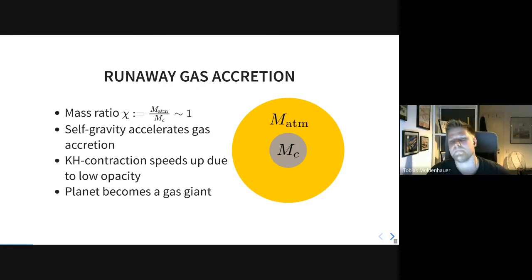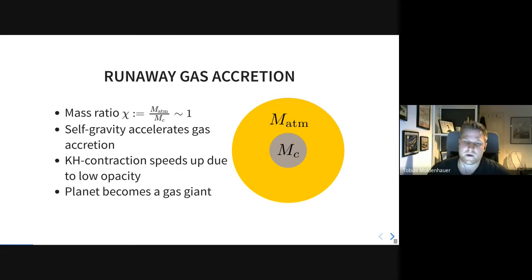And then due to radiative cooling, you have Kelvin-Helmholtz contraction that makes the atmosphere contract. Then you can accrete even more gas, which then gravitationally attracts more gas, and so on.